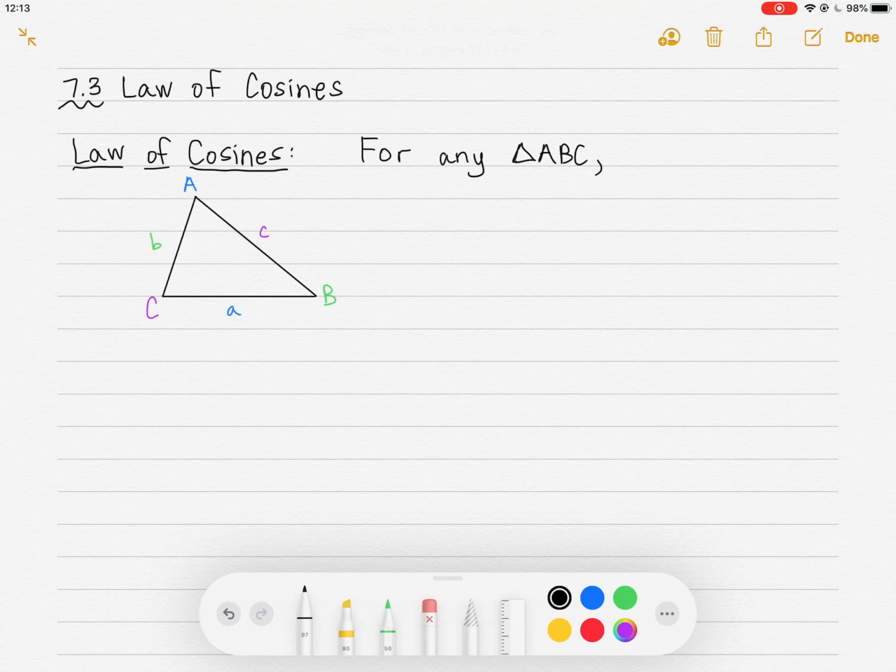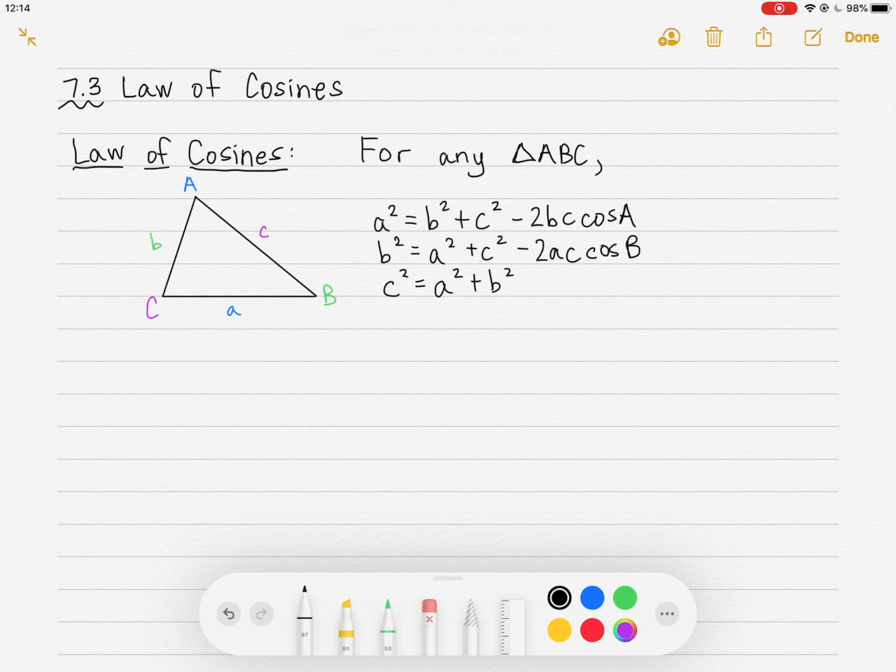The law of cosines says for any triangle ABC, little a squared is equal to little b squared plus little c squared minus 2bc cosine of big A. Little b squared is equal to little a squared plus little c squared minus 2ac cosine of big B. And little c squared is equal to little a squared plus little b squared minus 2ab cosine of big C.